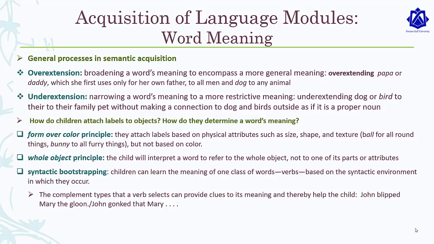Syntactic bootstrapping is another strategy that children would use in order to learn the meaning of words. How? Well, words appear in syntactic environments, and they learn the meaning of words, for example verbs, based on the syntactic structure in which they occur.